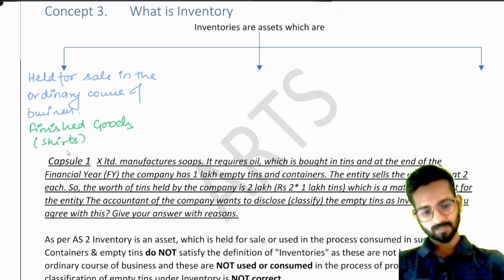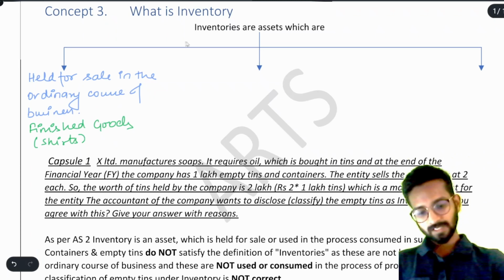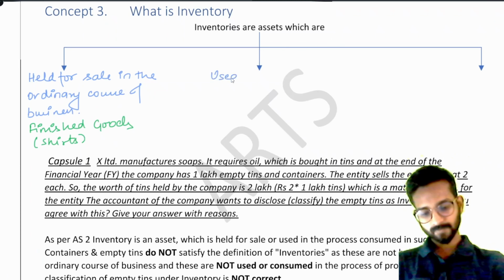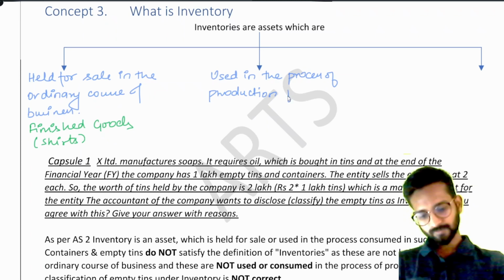Then after that, inventories are assets which are used in the process of production for such sale. Which sale?